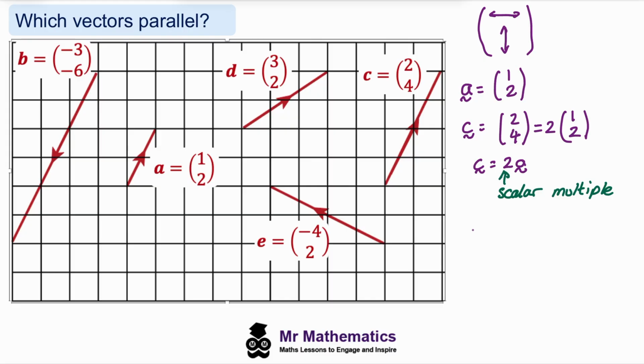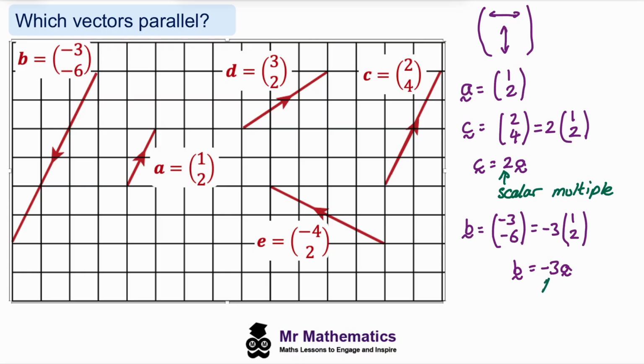And we can show the same thing with vector B. We know this is -3 and -6. Now what do you think we can factor out from this vector? What number do you think goes into both of -3 and -6? So this will be -3 multiplied by (1, 2), which we can write in terms of vector A as -3A. So what do you think the scalar multiple will be now?